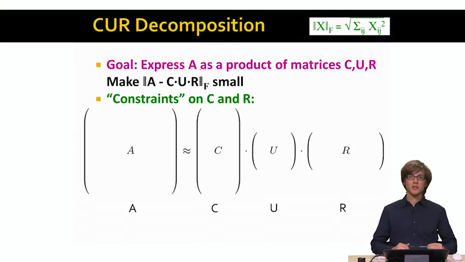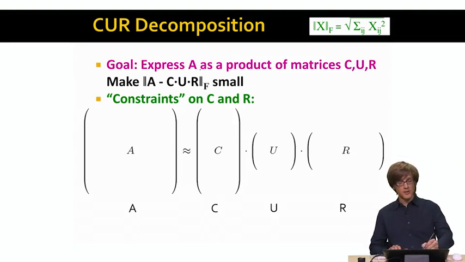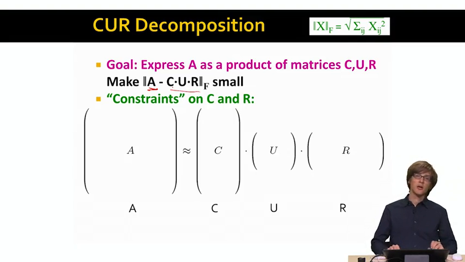Now these three matrices are called C, U, and R. And similar to what happens in SVD, our goal here will be that we want the difference between the original data and the reconstructed data to be as small as possible. While singular value decomposition gives us the optimality guarantee and says this is the best we can do, here we will allow ourselves to maybe have a bit larger reconstruction error, but at a much smaller computational cost.